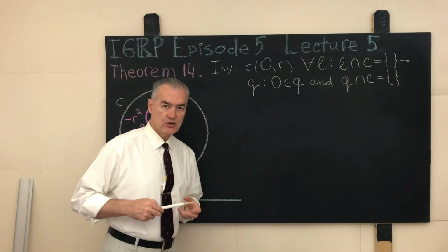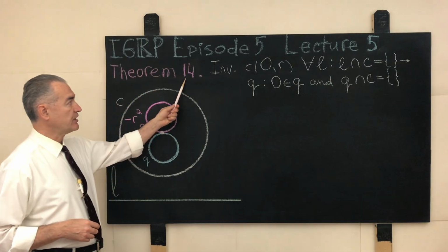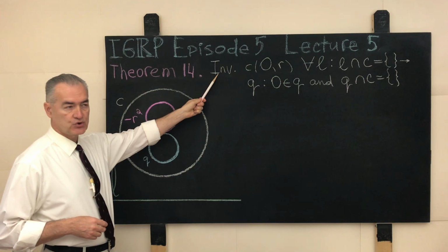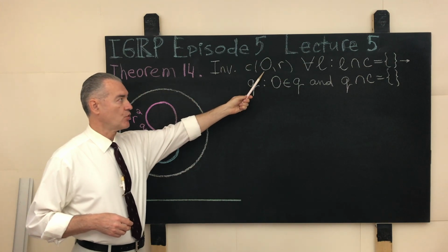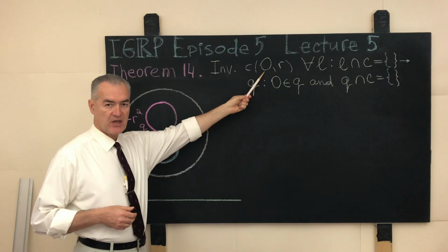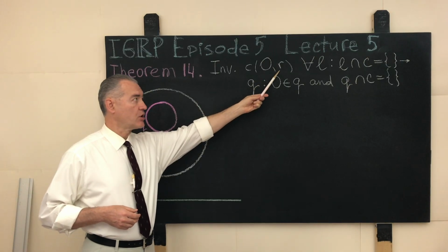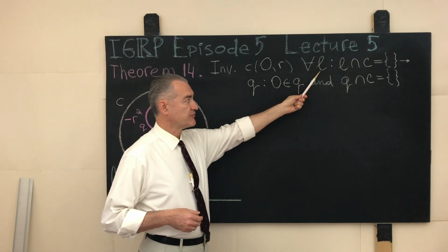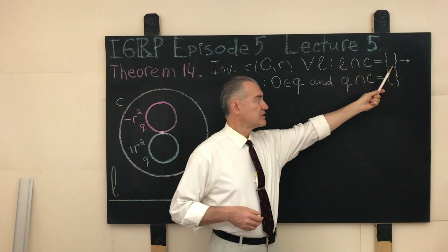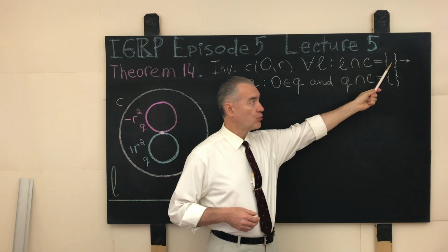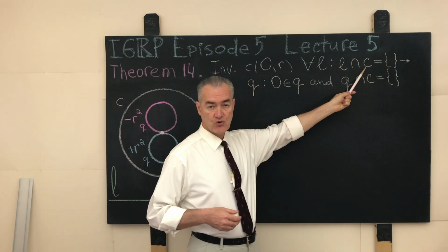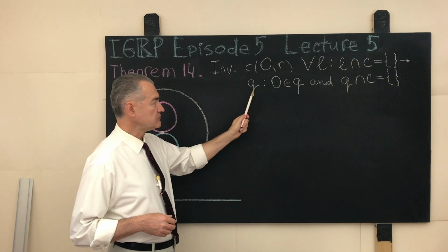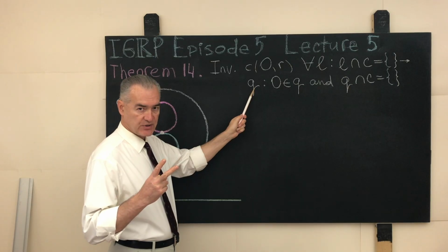As such, according to theorem number 14, under the inversion of a plane with respect to a circle C that has the point O as its center and a strictly positive real number R as its radius, any straight line that has precisely 0 points in common with the given circle of inversion C is taken into a circle Q which has the following two properties.